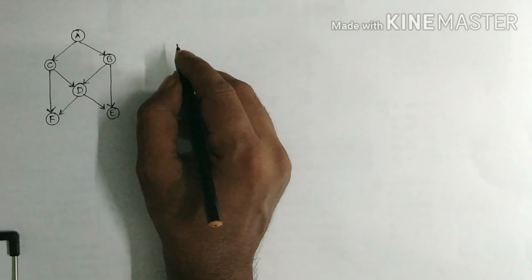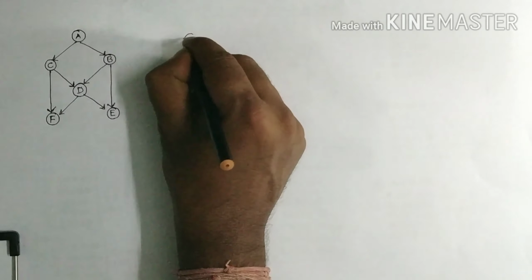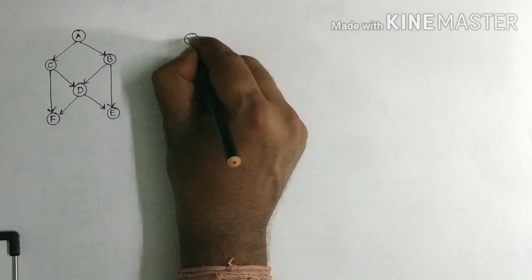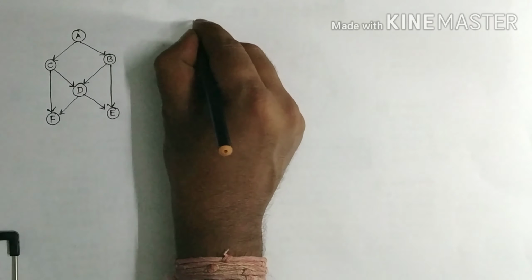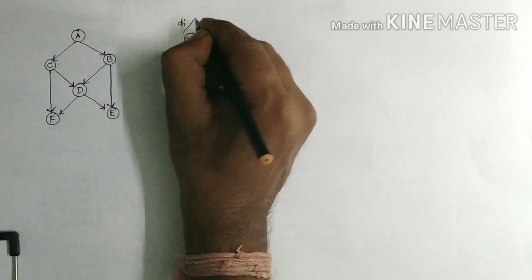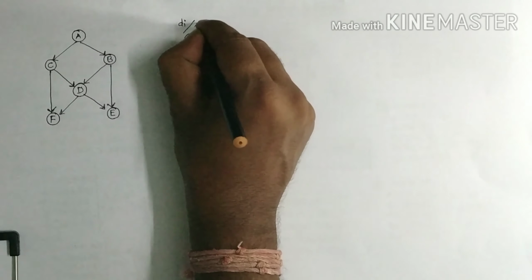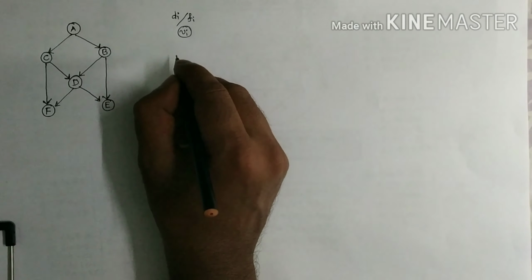But before that, we should remember that here we are using DFS as a recursive function and we are assigning two integers separated by a slash against each node. The number on the left hand side represents the discovery time, while the number on the right hand side represents the finish time. Now according to DFS, starting from the root node, we first reach the leaf node. That is, here we are following the path A, C, D, F.